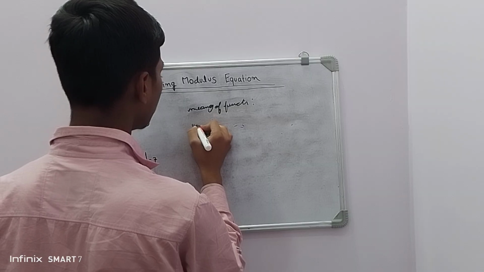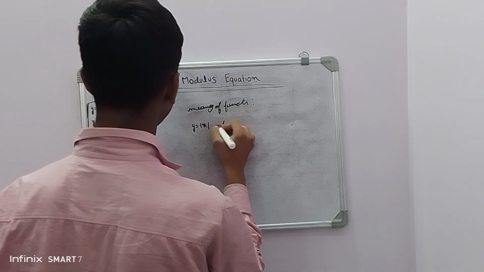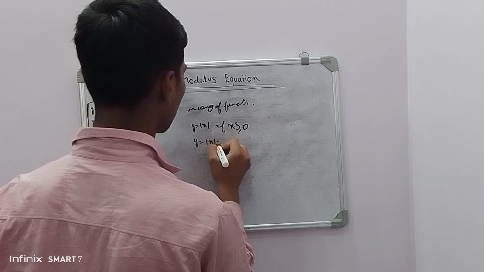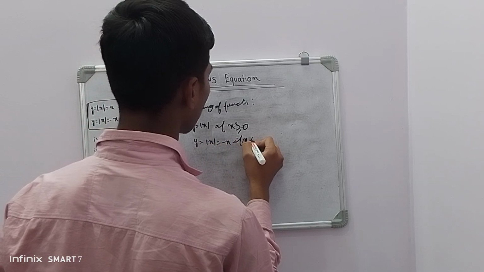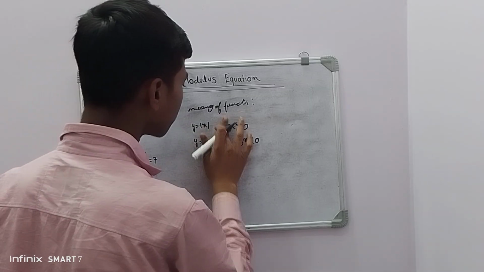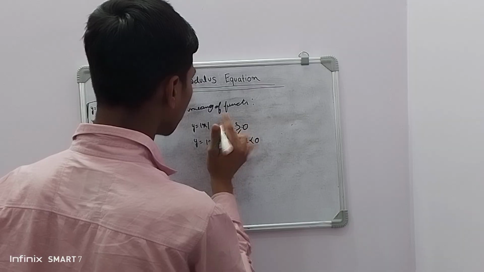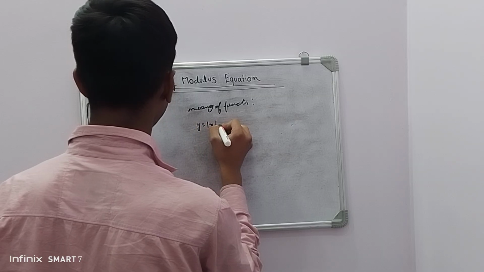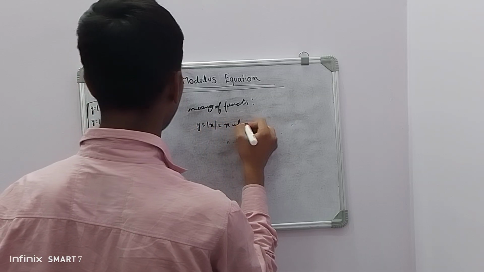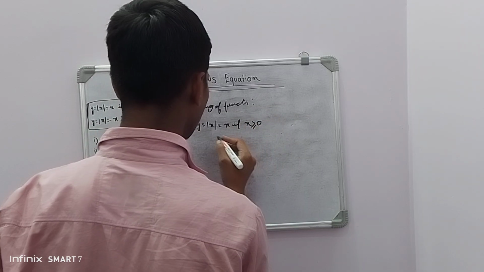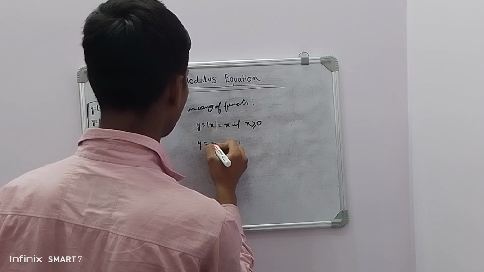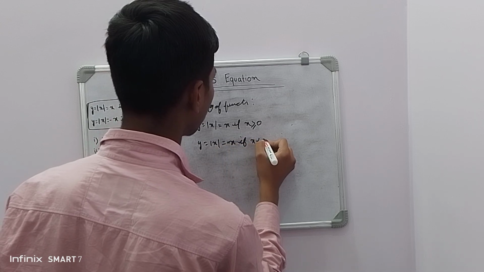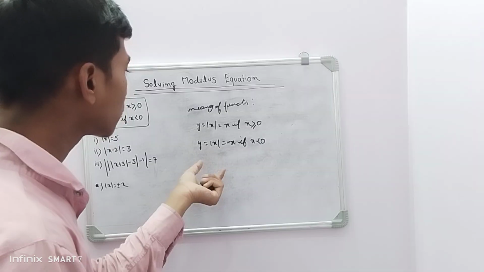One is y is equal to mod x is equal to x if x is greater than or equal to 0, and y is equal to mod x is equal to minus x if x is less than 0. So these are the two ways to open the mod.